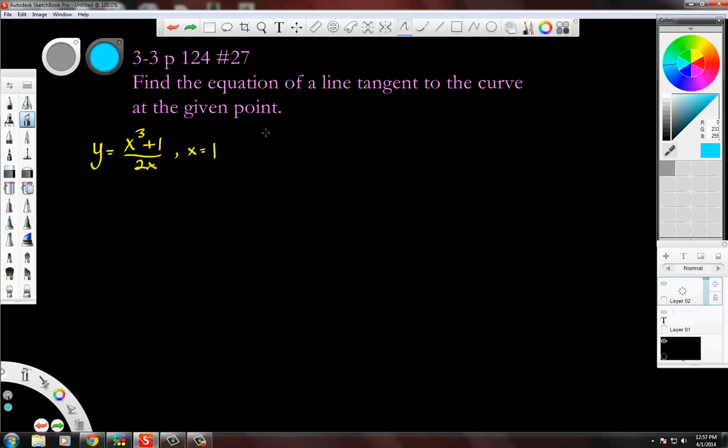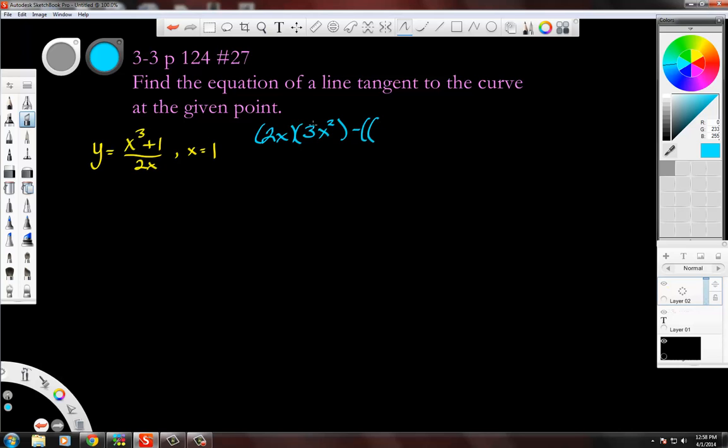So it's going to be 2x times the derivative of x cubed plus 1. Well, the constant term will drop off, so that's just 3x squared, minus, and I like to put double parentheses here so I don't forget to distribute that minus sign.